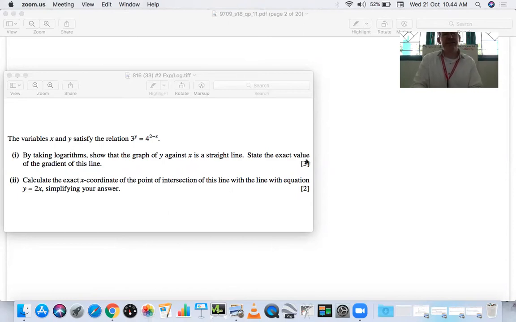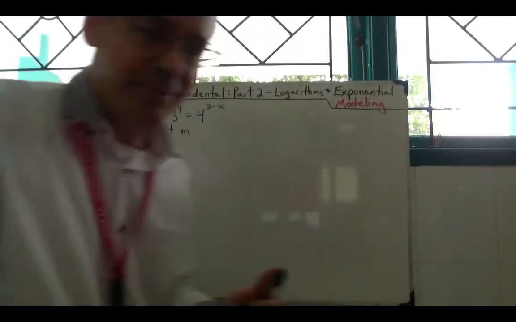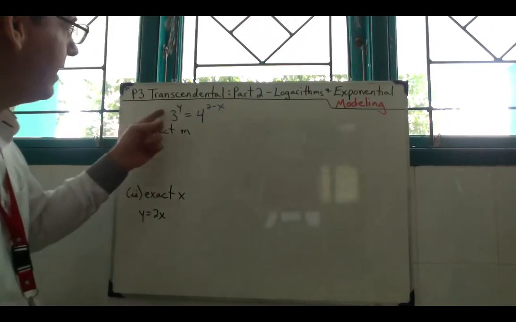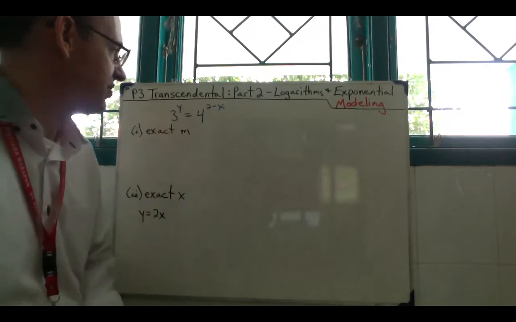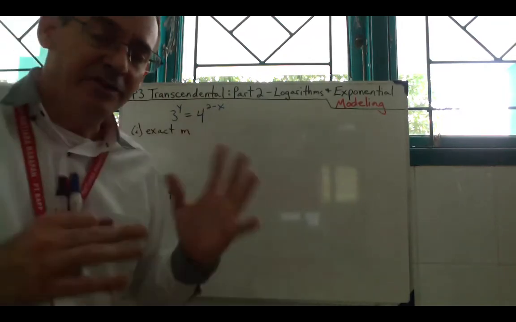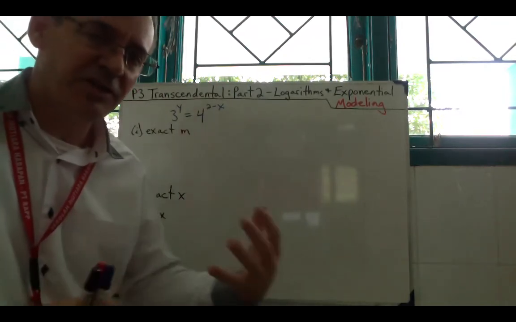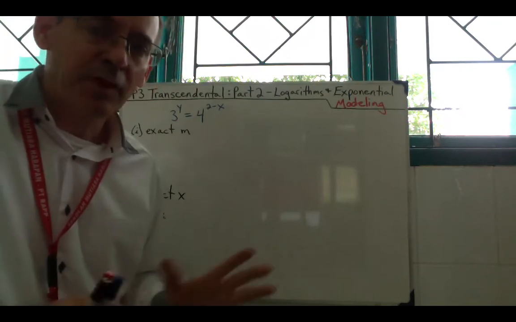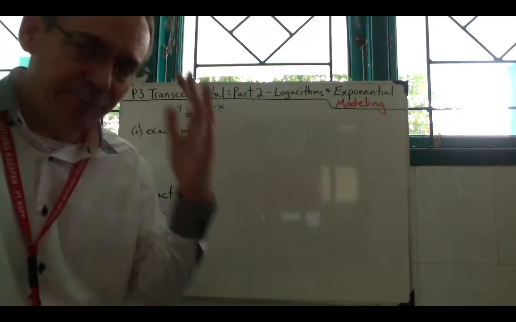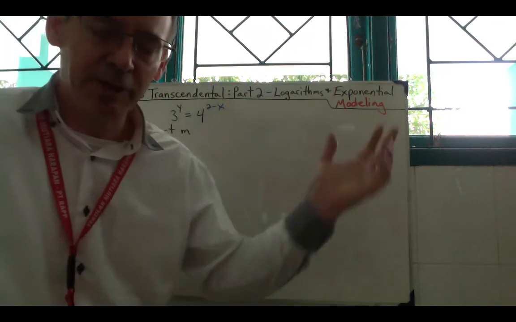Notice it says exact value of gradient and also exact x-coordinate, meaning we can't use decimals, so you have to keep everything in its exponential and logarithmic form. Okay, let's come back here to the board. 3 to the y equals 4 raised to the 2 minus x. Now this particular question is still of the same type, although it's not really being applied to experimental data.